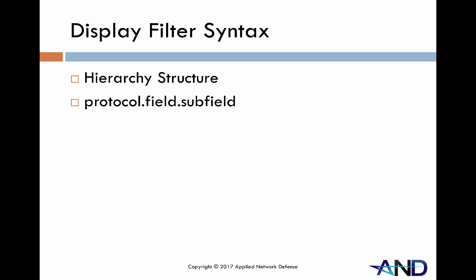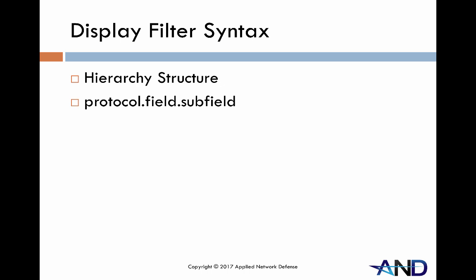And then you're going to specify the field that's pulled out via the Wireshark dissectors. And then if there's a subfield, if you want to go a little deeper, you go deeper in that way by just appending it with another period. So most of your filters are going to take this structure. Some will be very simple, some will be a bit longer, but they're pretty much all going to conform to this type of standard.